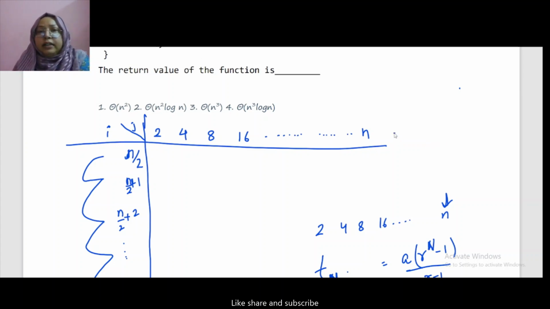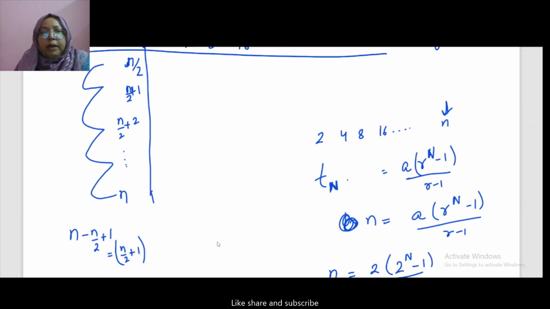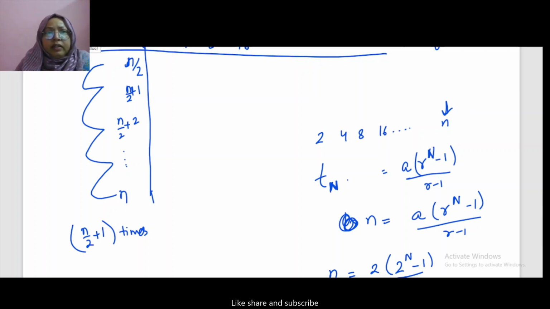So we can say that this will run log n times, and the I loop is running n by 2 plus 1 times. So both I and J together will run the value of K how many times?